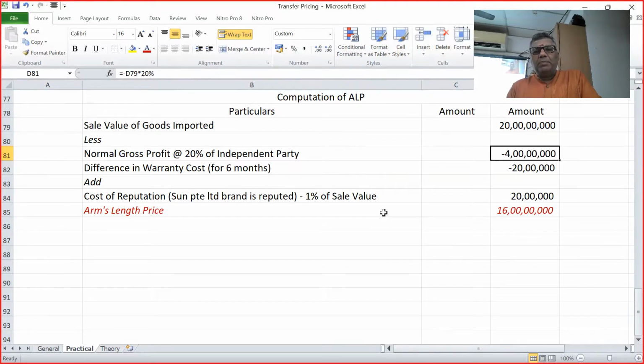From a related party, I should have earned the same. I cannot accept otherwise; you are trying to shift your profit.